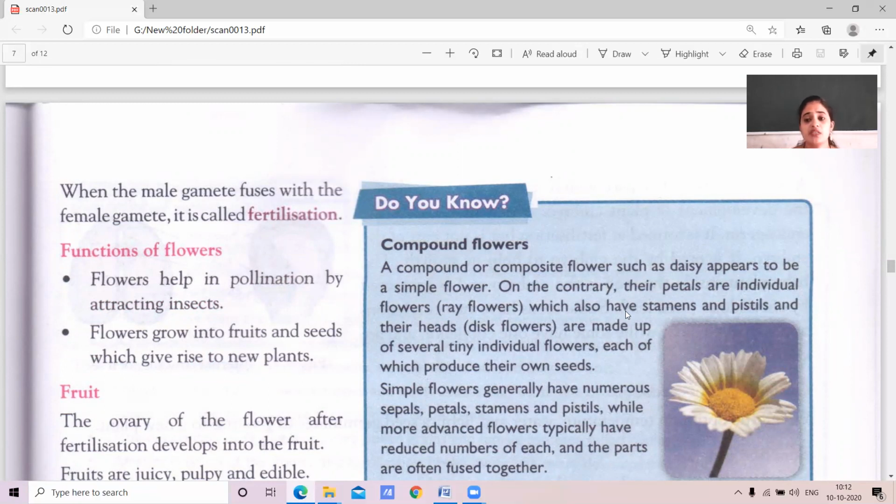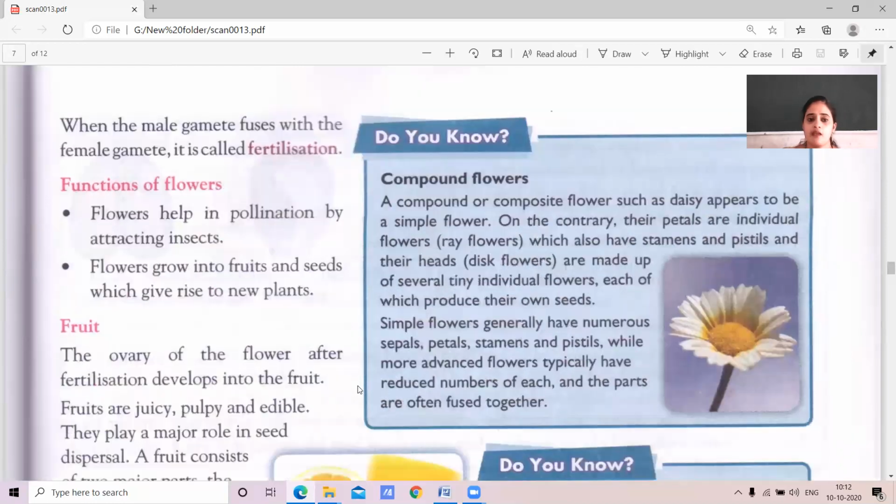Flower helps in pollination by attracting the insects. Okay. And flower grows into the fruits and seeds, which give rise to the new plant. Okay, no?